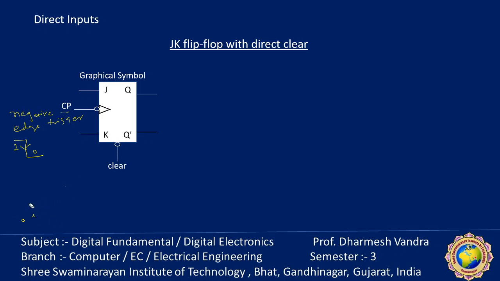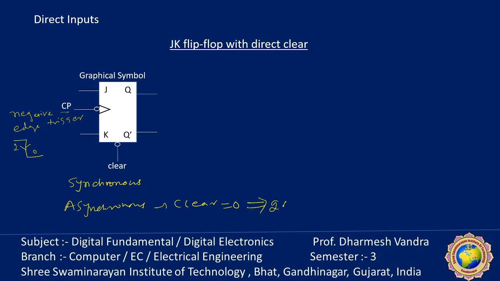One additional clear input is the direct input. It has two types: synchronous and asynchronous. For asynchronous clear, it is clear equal to 1. Here it is negative, so clear equal to 0.